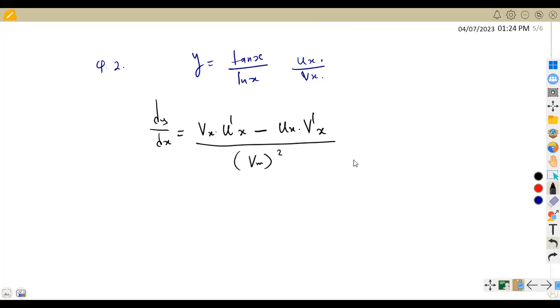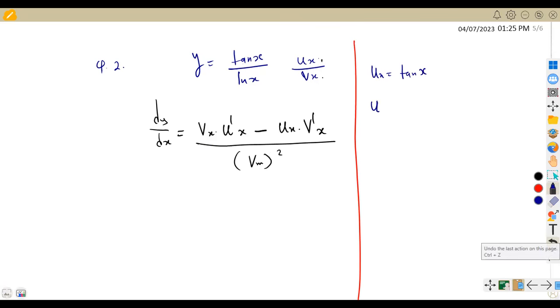So that means in this case, from the information that we are given, our u(x) is the numerator, which is tan x. So we must have its derivative as we are given from our formula here. There is a need for us to have the derivative.